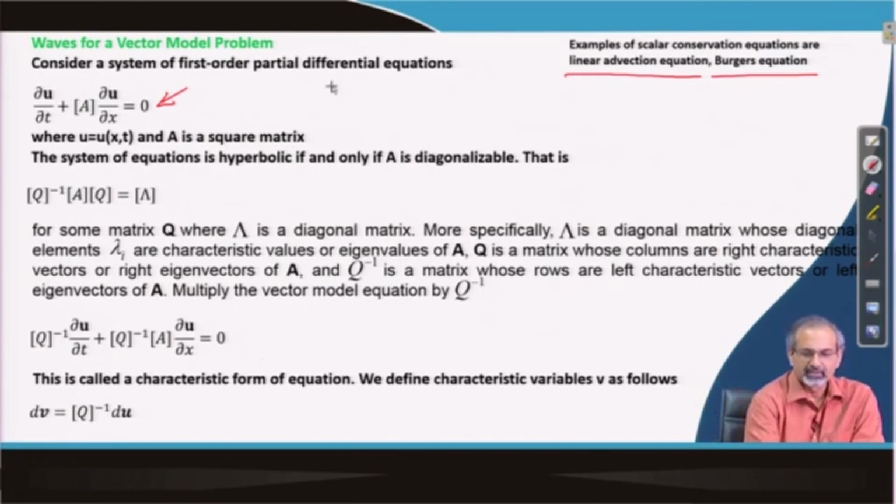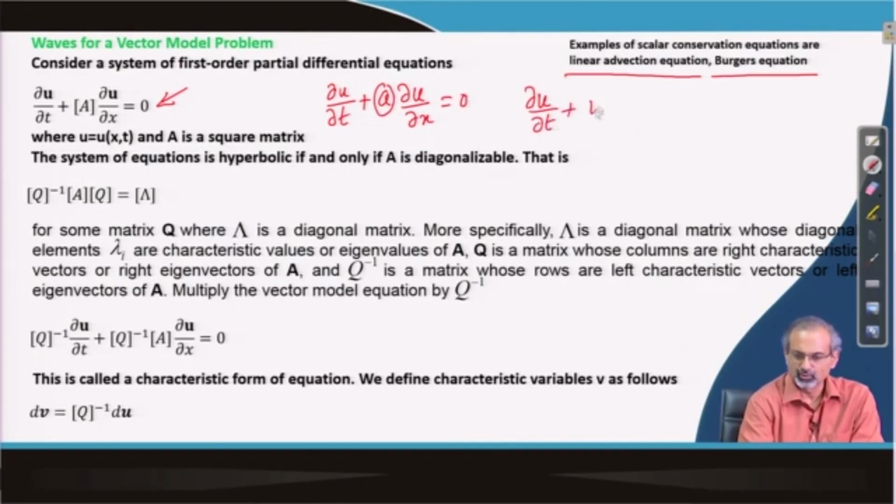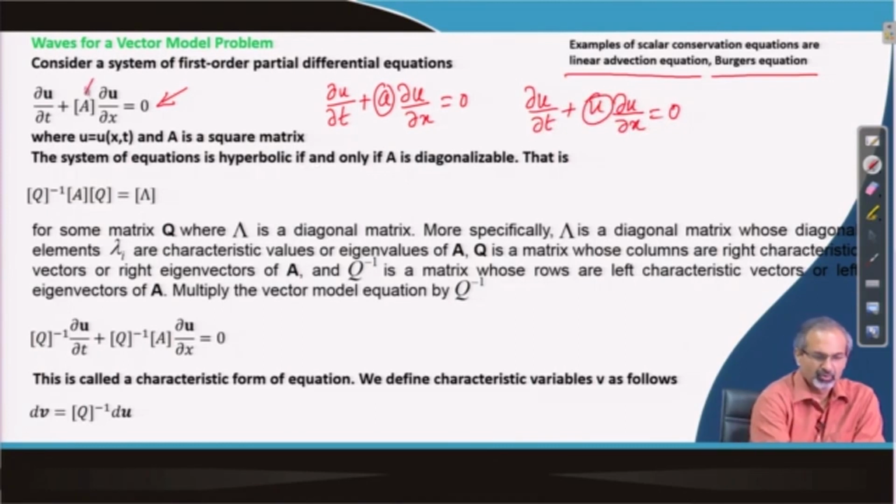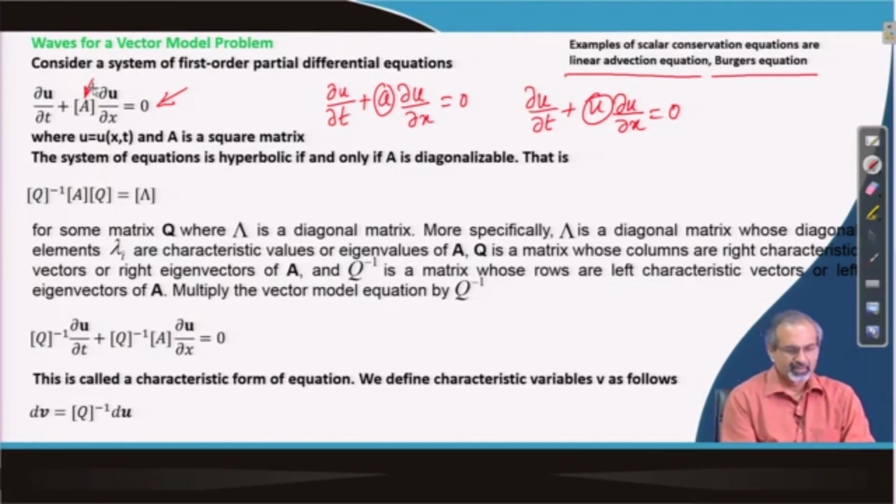If you recall that in linear advection equation or wave equation, this was A. So, it was just a constant, or in Inviscid-Burgers equation it was U, the velocity component itself. But now, we have a matrix here, because we have a vector model in place, and we now know it is the Jacobian matrix, and A essentially is a square matrix. We have three conservation equations here. So, A is a 3 by 3 matrix.